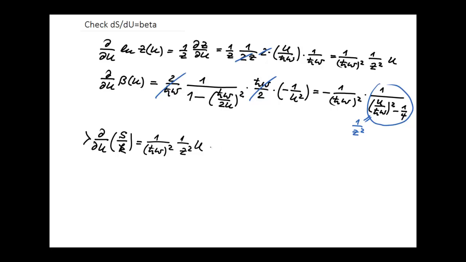And then we have the partial derivative of beta u with respect to u. Product rule, this first of all gives us the partial of beta with respect to u, which is the result of our second line. So this is minus 1 over (h bar omega) squared times 1 over the partition function squared times u.